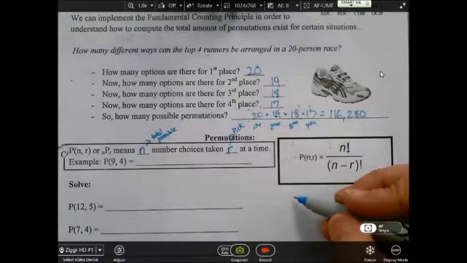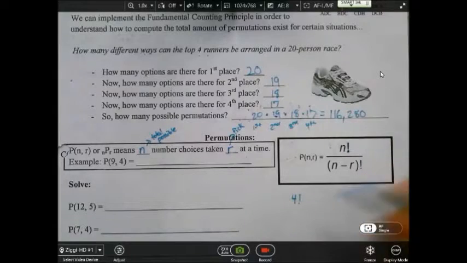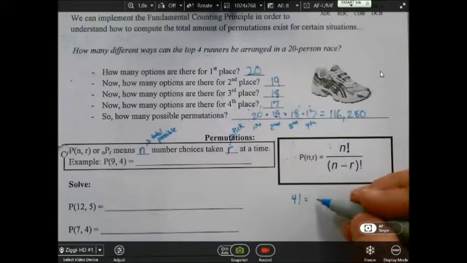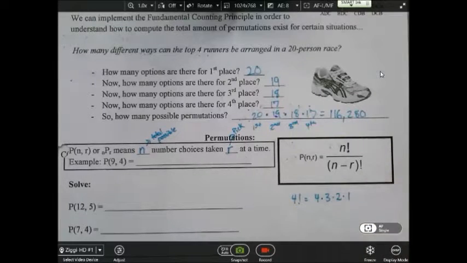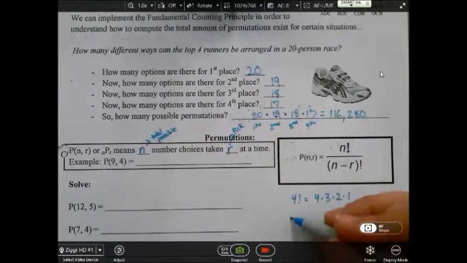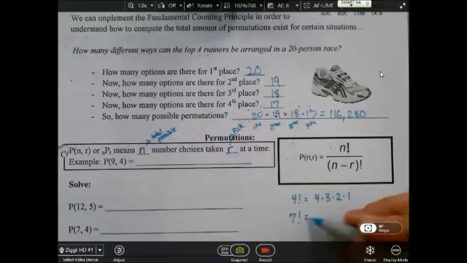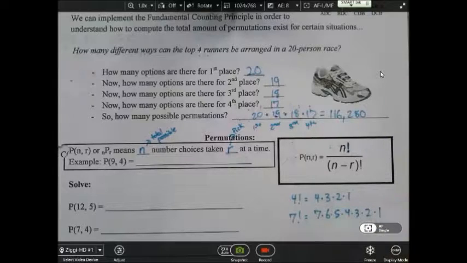So for example, if I have 4 factorial, it's telling me I need to multiply together 4 times 3 times 2 times 1. 7 factorial would be multiplying together 7 times 6 times 5 times 4 times 3 times 2 times 1. So it's an interesting operation that we're performing there.